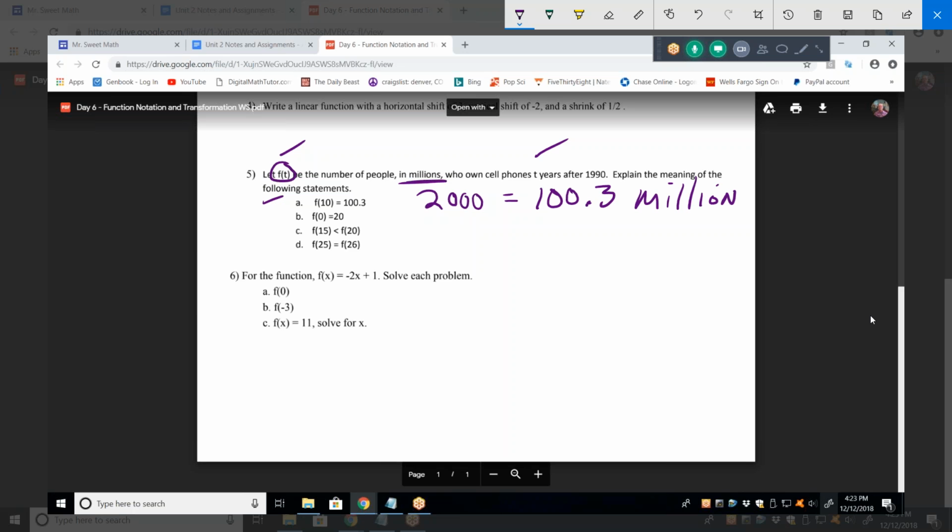It's in millions, so it's 100.3 million. What does f of 0 mean? In 0 years, which is which year? 1990. Okay, so how many people owned cell phones in 1990? 20 million.